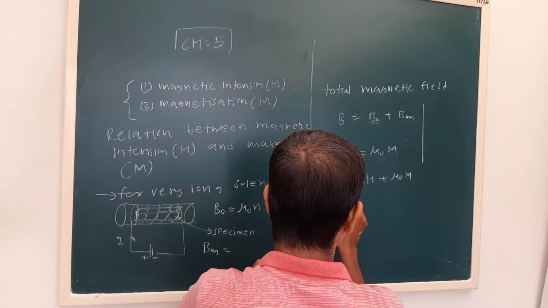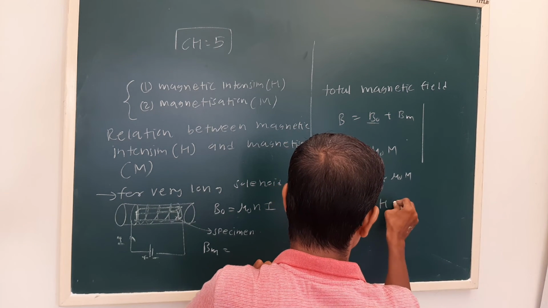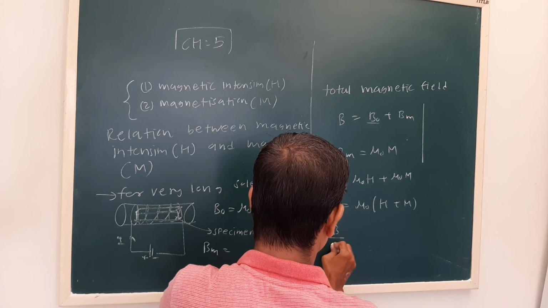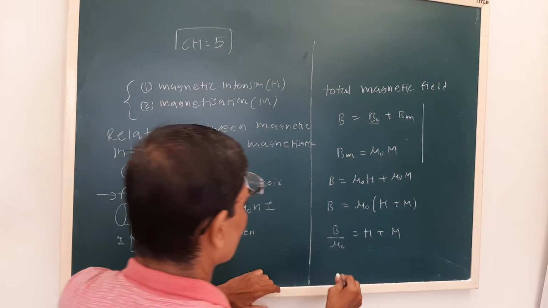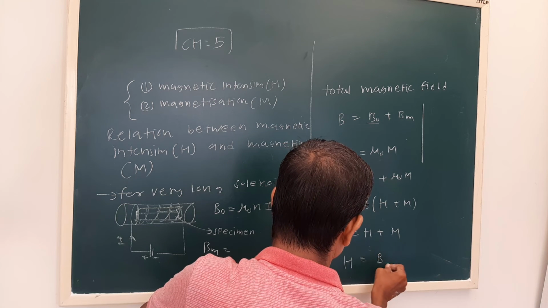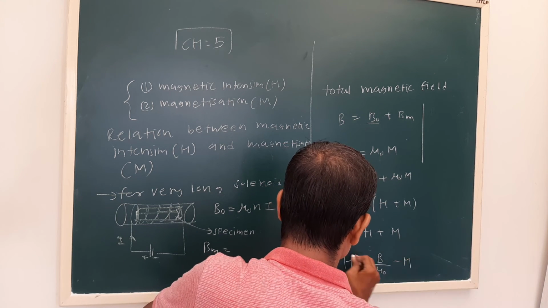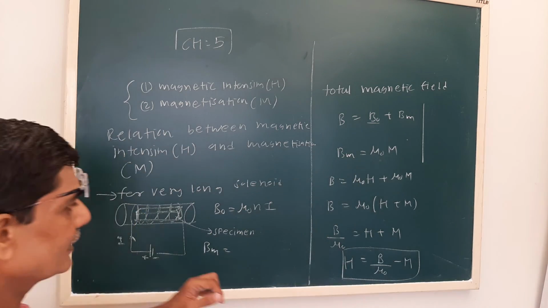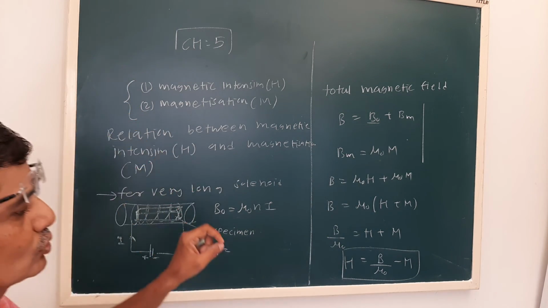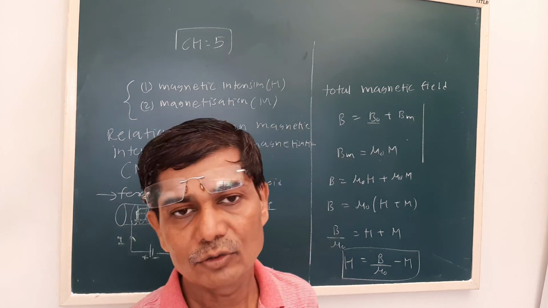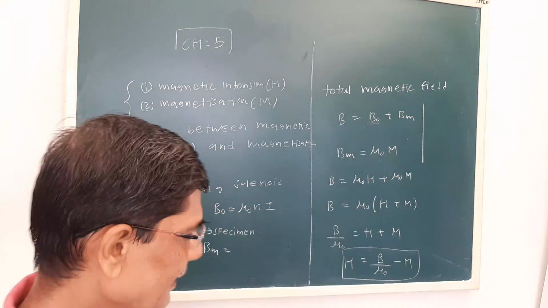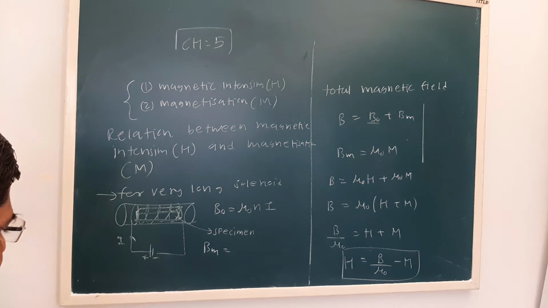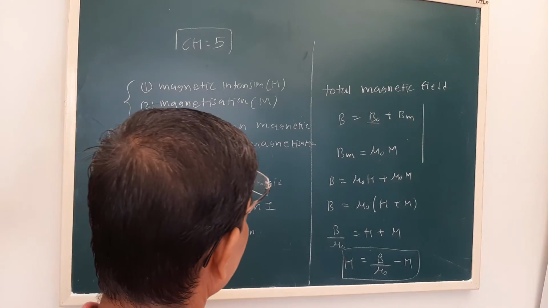So now B is equal to mu 0, which is common here, times H plus M. We can write B upon mu 0 is H plus M. So from this we obtain the formula for the magnetic intensity. Suppose in the exam they ask up to here, then we have to stop here. We will prove up to here. So that is what H is, a magnetic intensity. Now capital M is a magnetization.